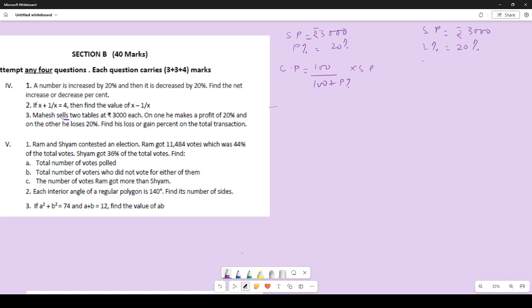Over here 100 by 100 minus loss percent into SP. So when you put this up over here, you find out that 120 into 3000, 100 by 80 into 3000.